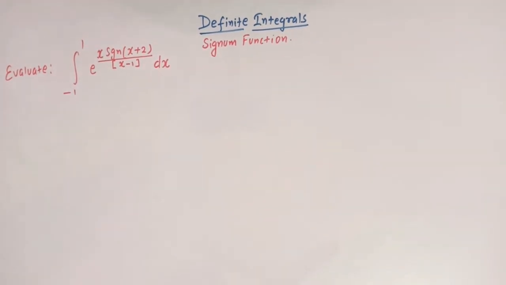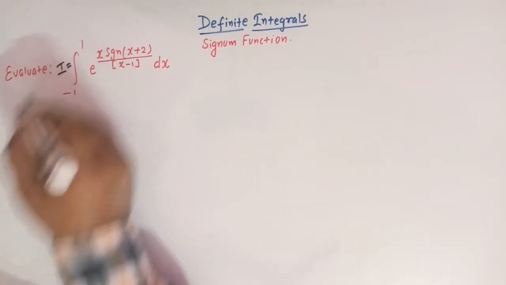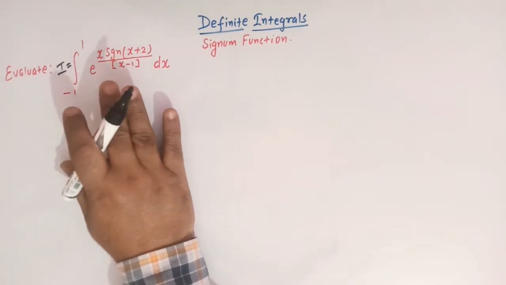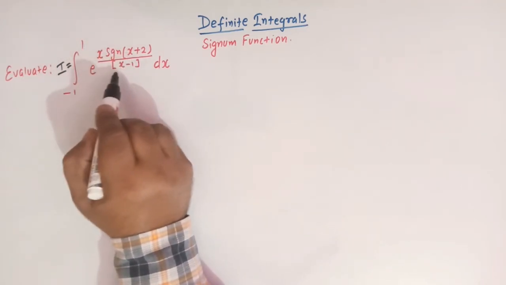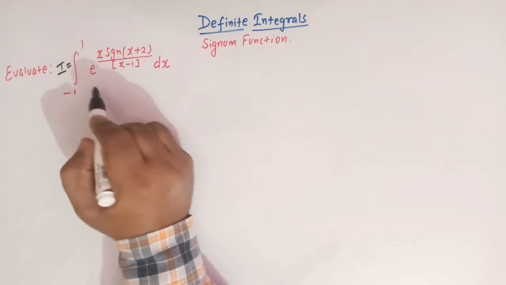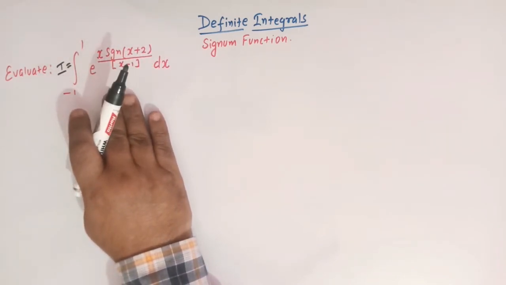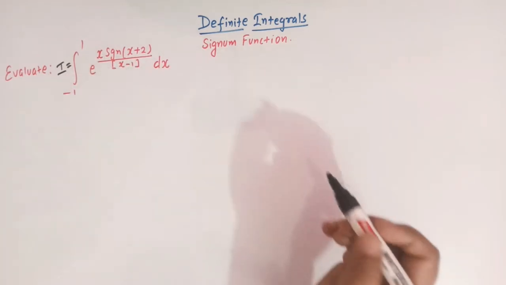So let us start. Let us first take this integral as I, right? Now what we will do, we'll try to apply the definitions of the signum function and the greatest integer function to this entire function and simplify it, right? So let us first take the definition of the signum function.